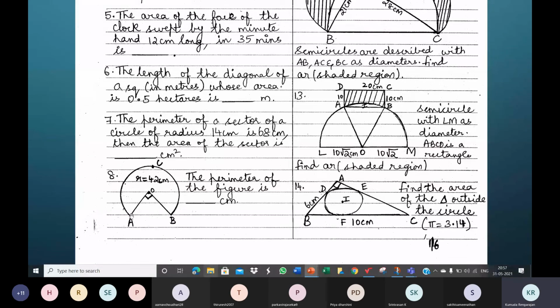Arc plus BO plus AO. Okay, ma'am. I understood. Thank you. Good. And Tirunesh, do you have a doubt why 270 and why not 90? No, ma'am. Okay.